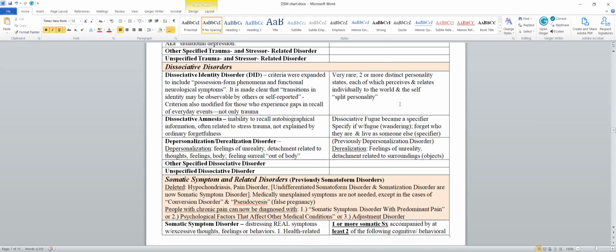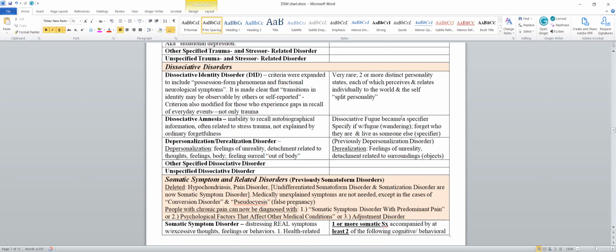Dissociative fugue, I never say it right, became a specifier: specify with fugue, wandering. If there's wandering, they forget who they are and live as someone else. If they forget who they are and live as someone else, that's dissociative amnesia with fugue.